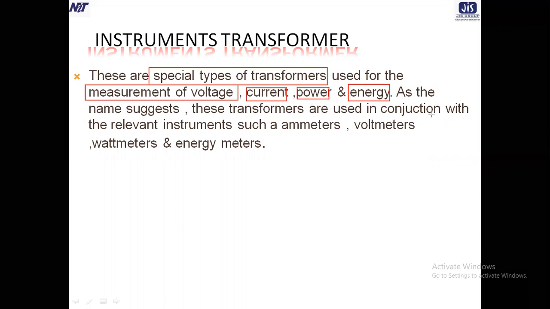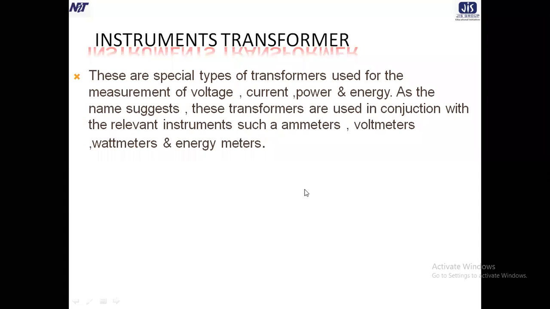As the name suggests, these transformers are used in conjunction with the relevant instruments such as ammeters, voltmeters, wattmeters, and energy meters. So that is a very brief idea about the instrument transformer.